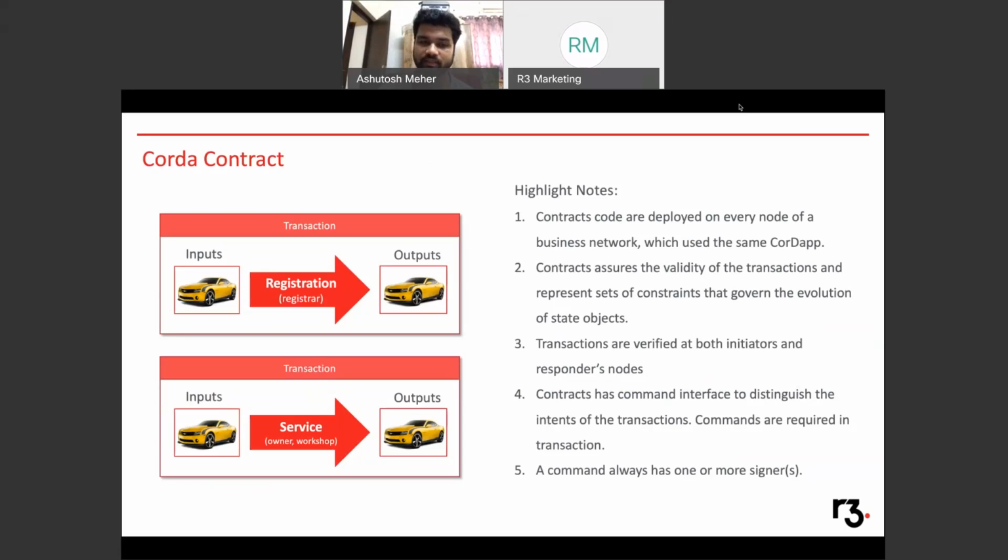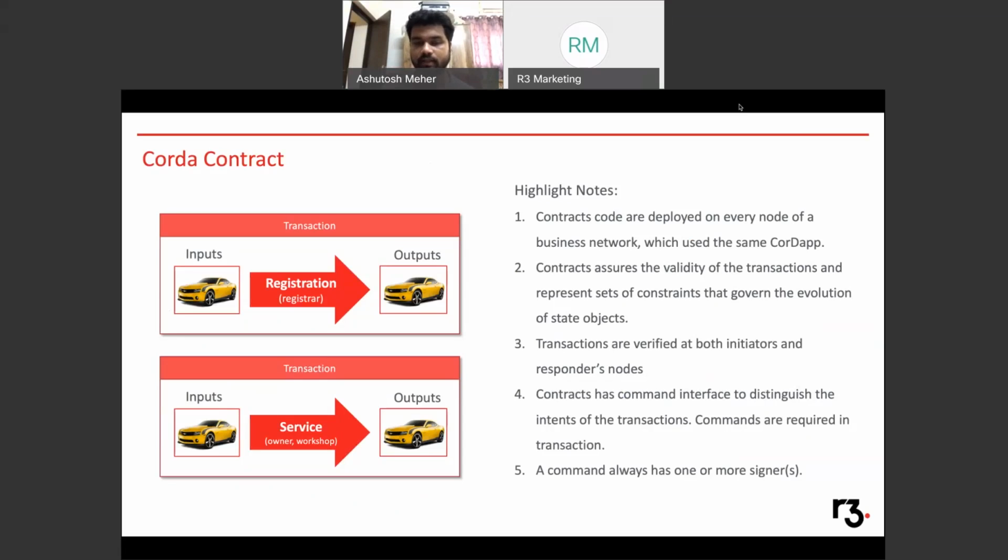For example, if you are doing a registration, there are certain business rules which might be different from when you're doing a service of the vehicle. All of them require different business rules to be validated, and that wouldn't be possible if you do not know what exactly the transaction is about. So that's where commands help you.